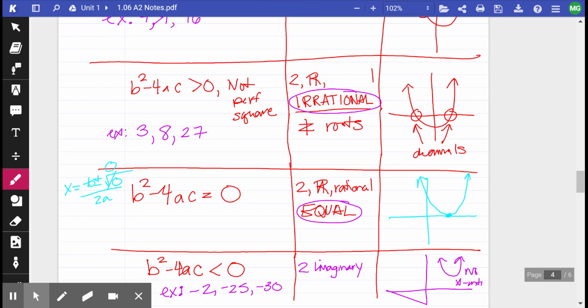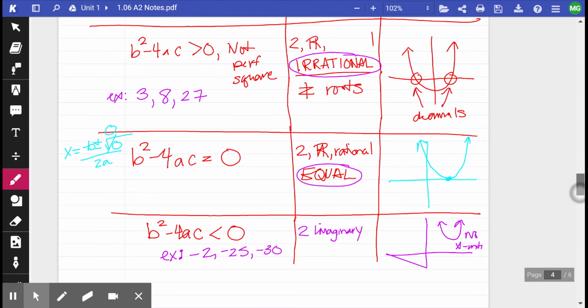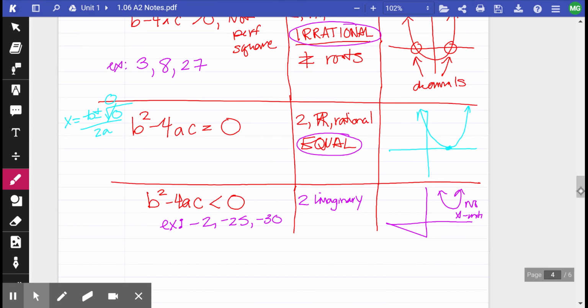Okay, so you should be able to be given a discriminant and be able to tell me what kind of roots you'd have. Usually in class I go around and I give people a number and ask them to describe the roots. So think about if I gave you a discriminant of 2. Pause, think about what kind of roots you would have. And hopefully you're saying irrational roots.